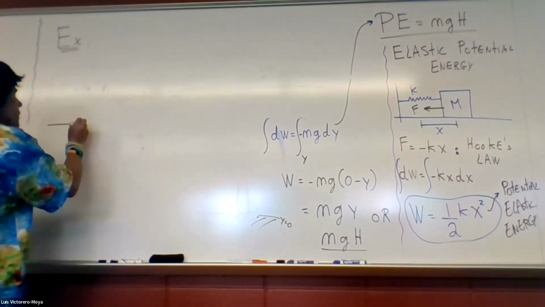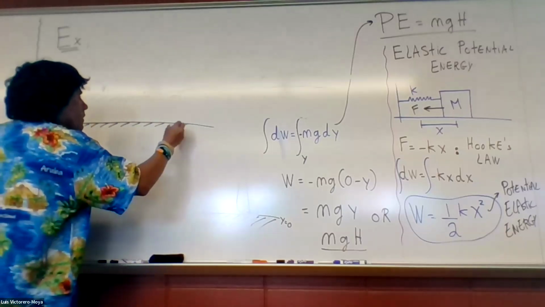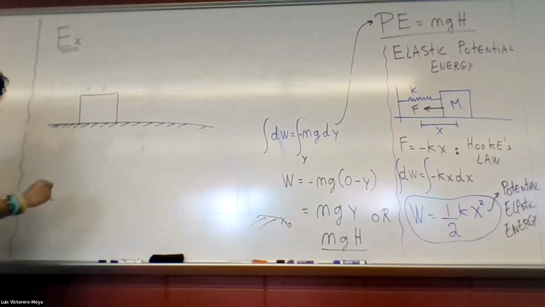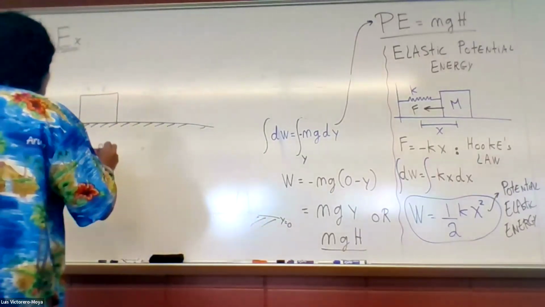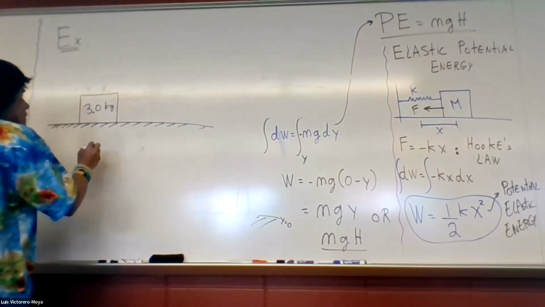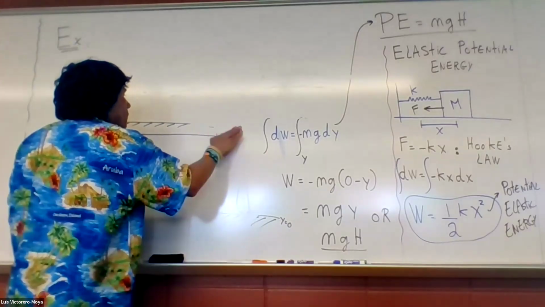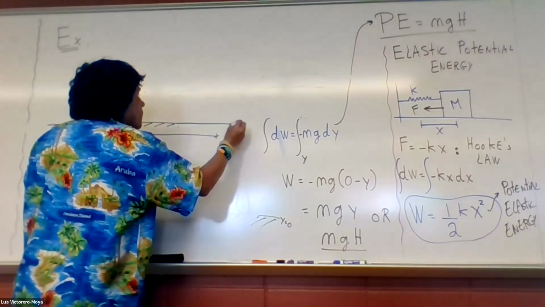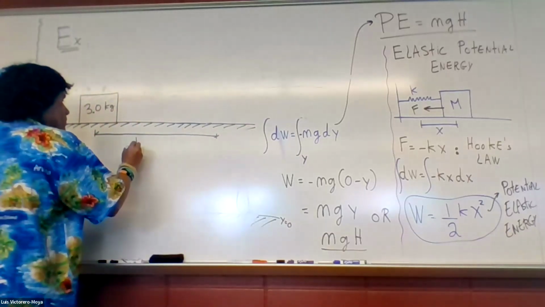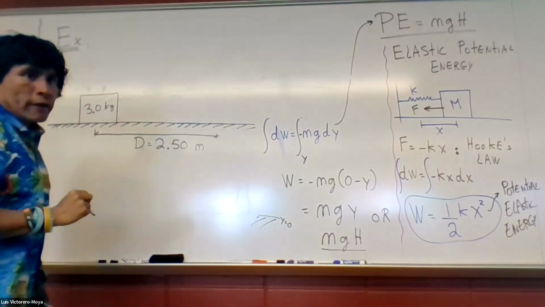So you have on the horizontal a mass, and this mass is of 3 kilograms, which is going to move a distance of 2.5 meters, okay?